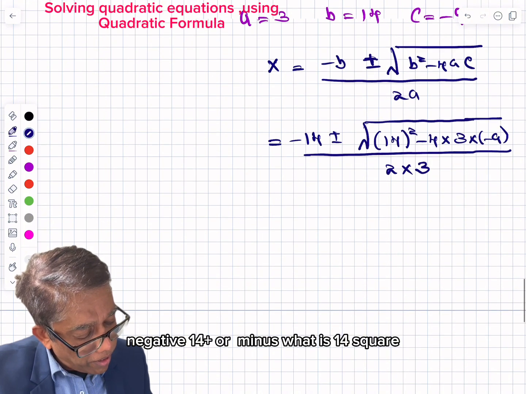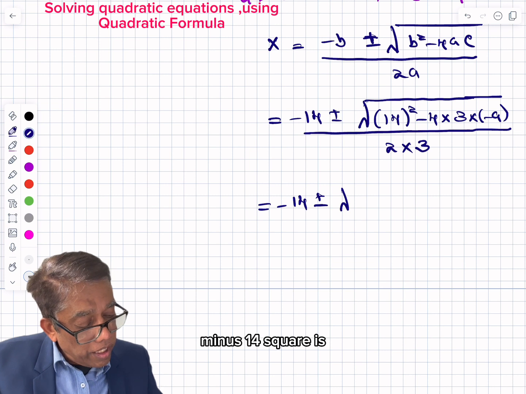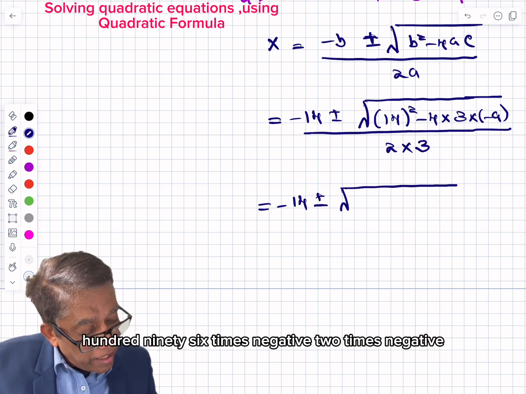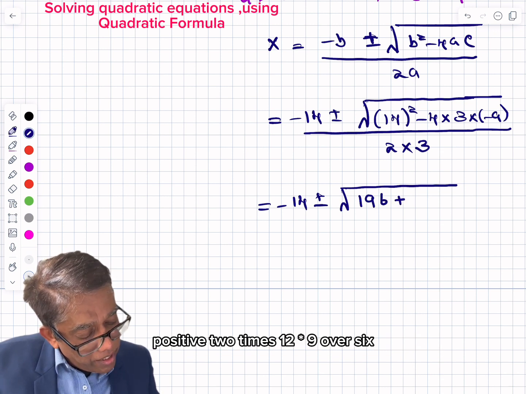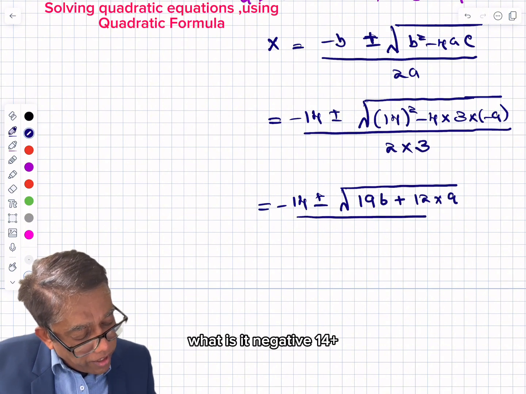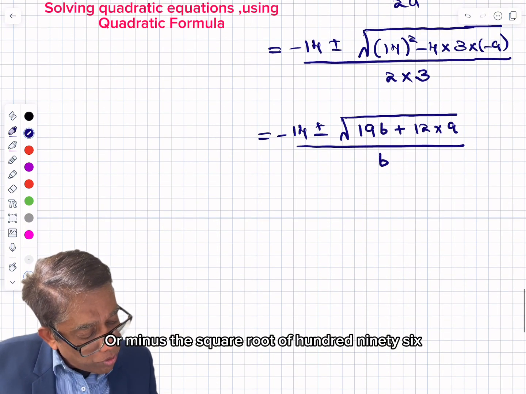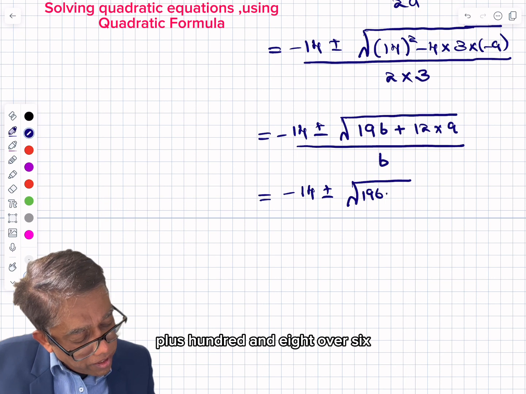Negative 14 plus or minus, what is 14 square? 14 squared is 196, minus, negative times negative is positive, 4 times 3 times 9 is 108, over 6. Negative 14 plus or minus the square root of 196 + 108 over 6.